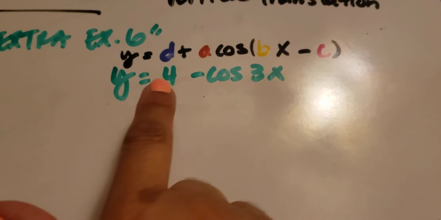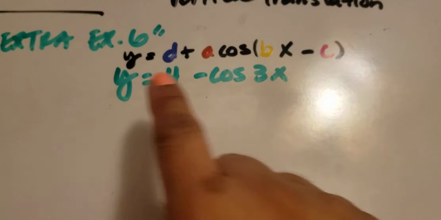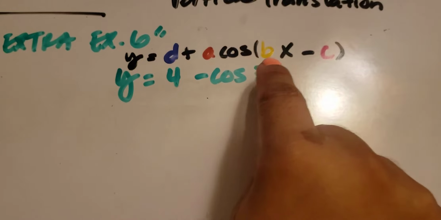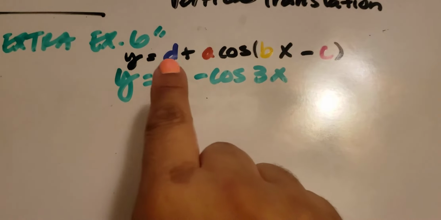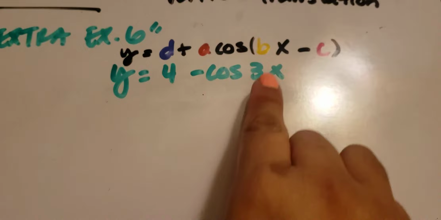As you can see, I wrote the general form right above: y equals d plus a cosine of bx minus c. Hopefully you can tell they're different colors. I color coded them because they all represent something different, and I've introduced them slowly.